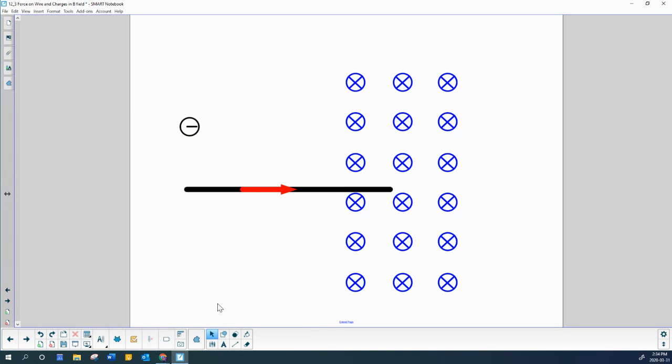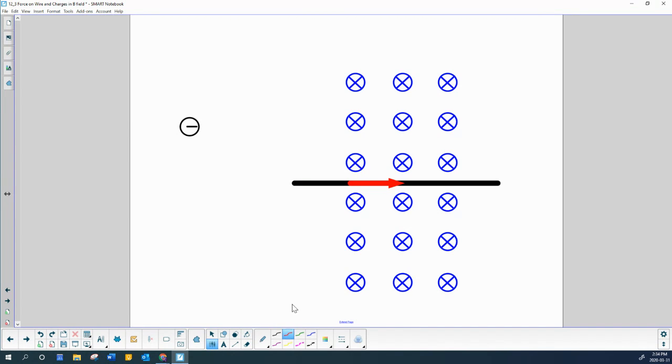You can imagine that if this wire is sitting still in here, the electrons inside are still moving. So the electrons are entering this side and traveling through in this direction.